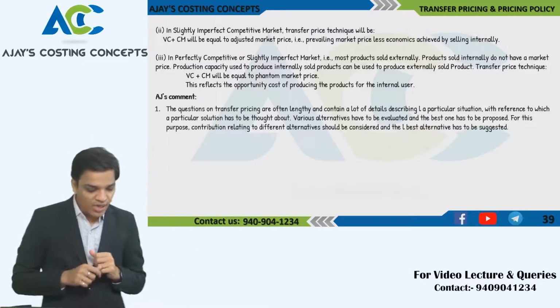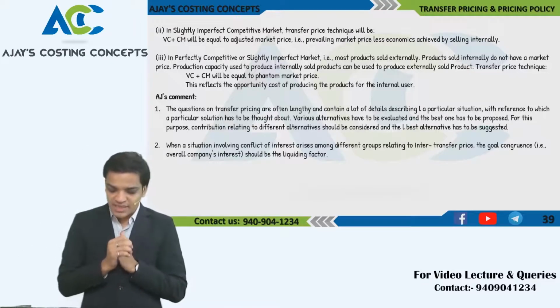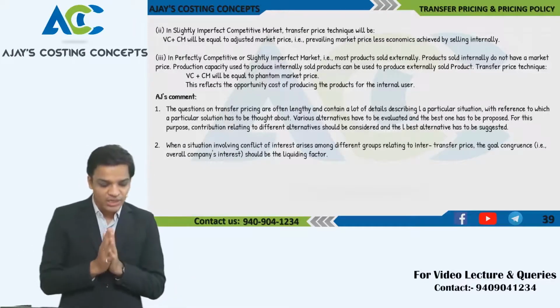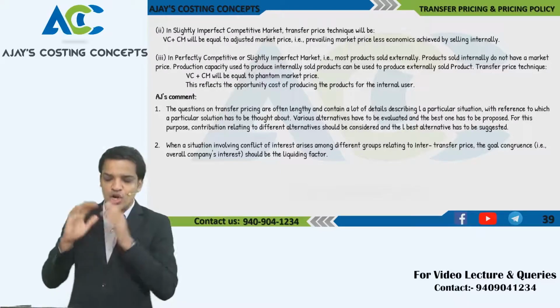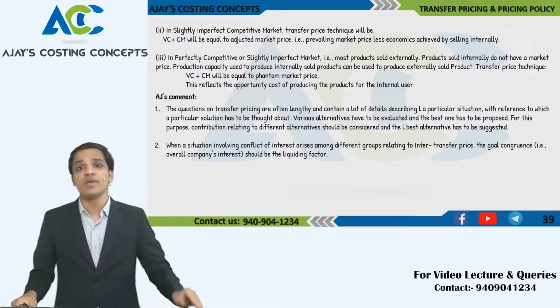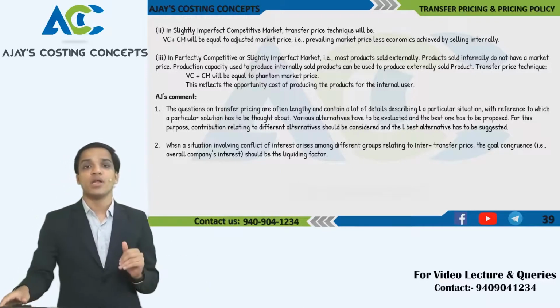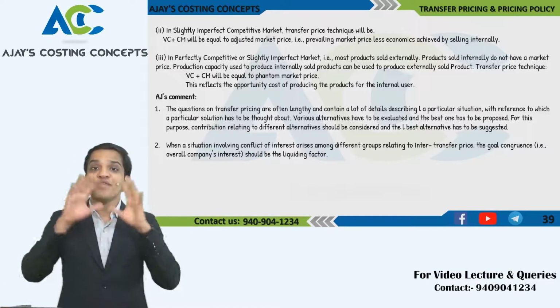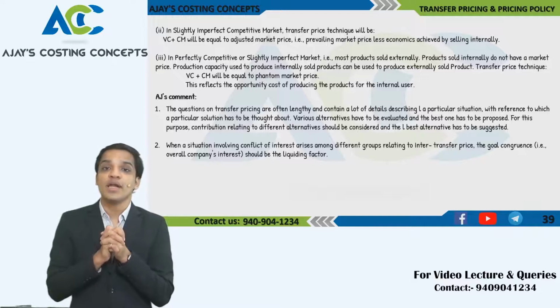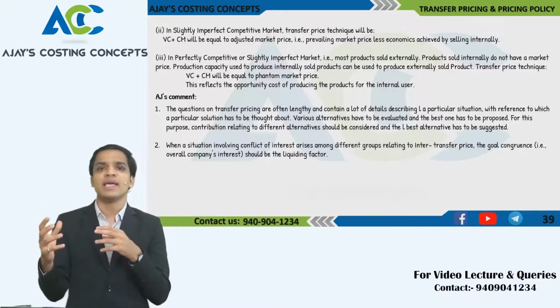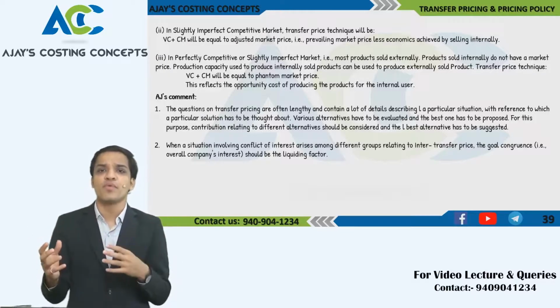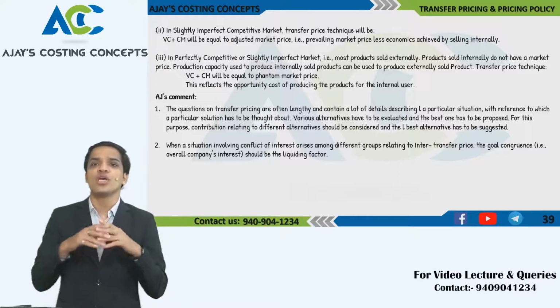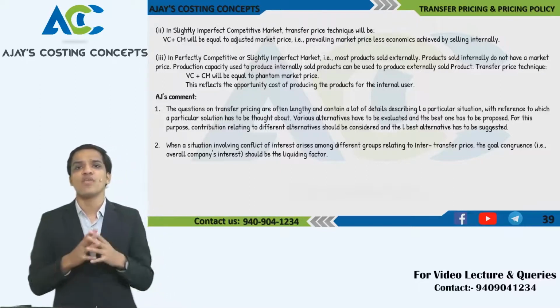Further important comments: the questions on transfer pricing techniques are often lengthy and contain a lot of detailed description. This is what I have told in my classes also when I was teaching this chapter, that transfer pricing questions are lengthy. There is a lot of information given, a lot of different transfer prices, different variable costs, different products, different divisions, and words like subsidiaries and parents are being used.